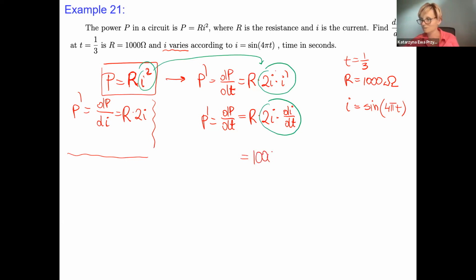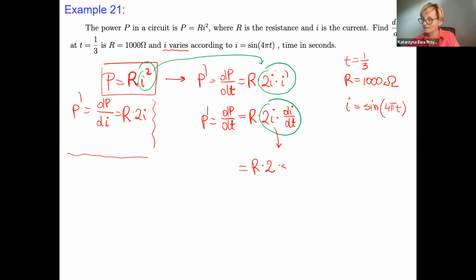The resistance was 1,000, 2 times... hang on, we have the formula, we don't have just a value. What is actually I? Please tell me, how is I defined? Can you tell me? Because it is not like the previous one.